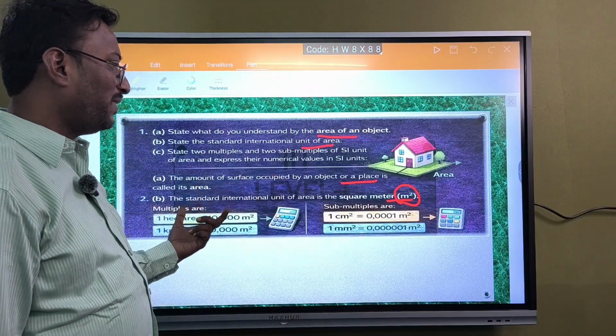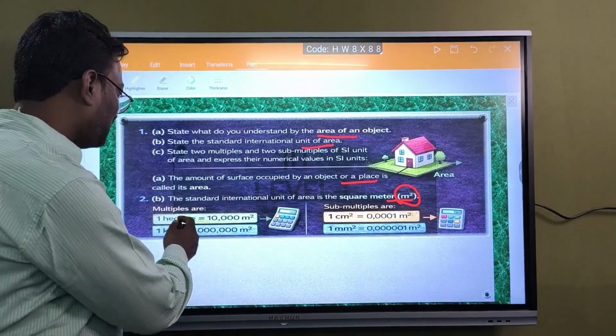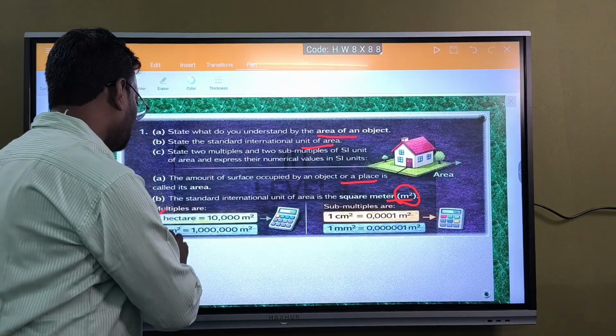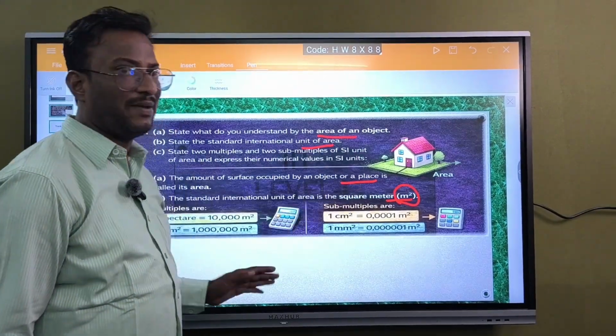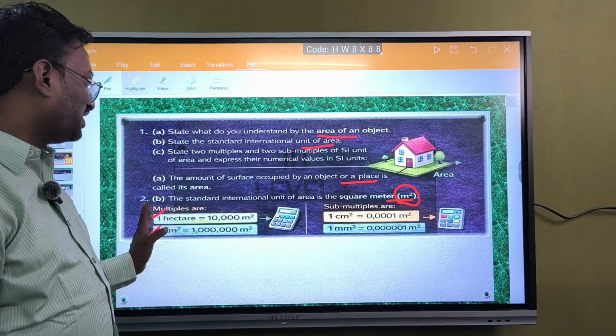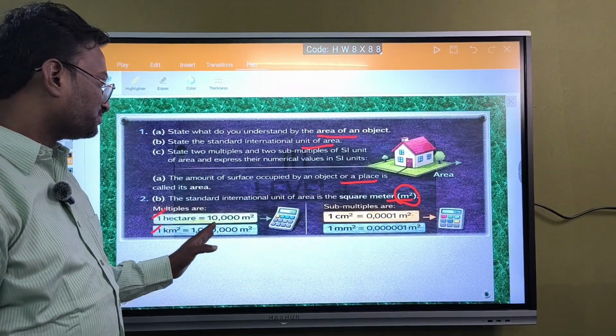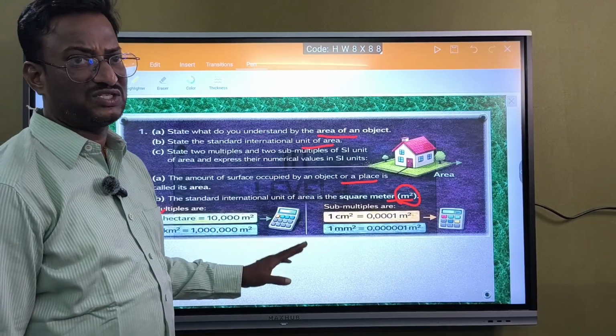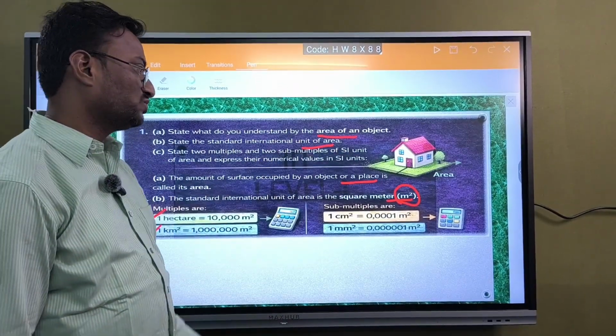The upper multiples will be hectare and kilometer square. These are higher than the standard unit. 1 hectare is equal to 10,000 meter square and 1 kilometer square is equal to 10 lakh meter square, 1 followed by 6 zeros.